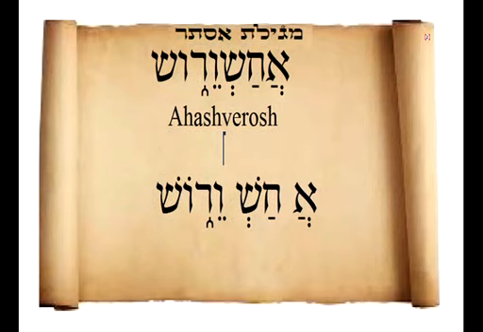And now we will analyze the first significant name that appears in Megillat Esther, the book of Esther, which is Achashverosh. This is built on 2 words. We take off the prefix a, which doesn't contribute anything, and we then are left with 2 words, chash verosh. Chash means to sense or to feel.